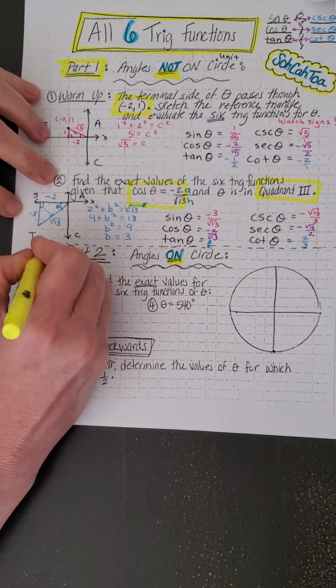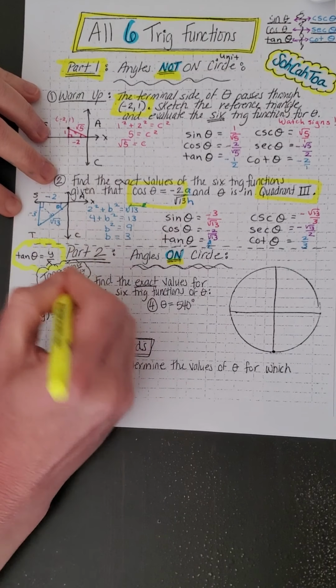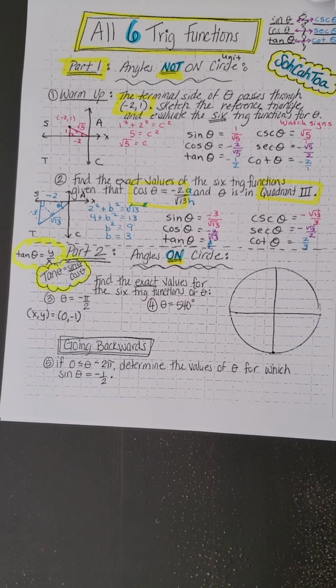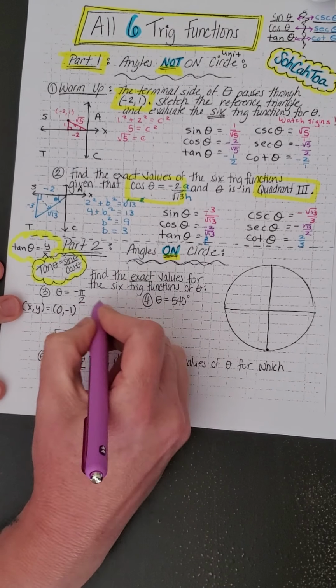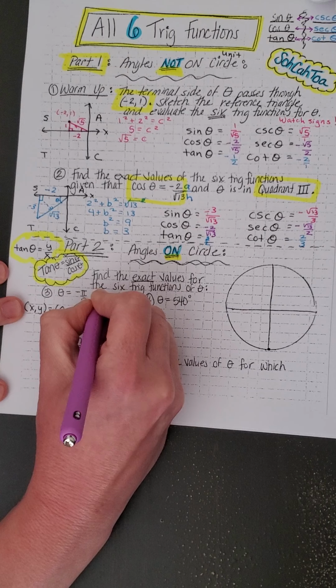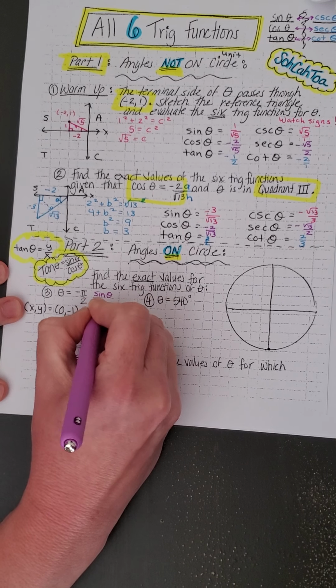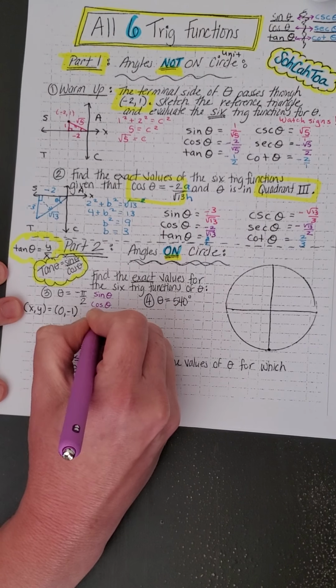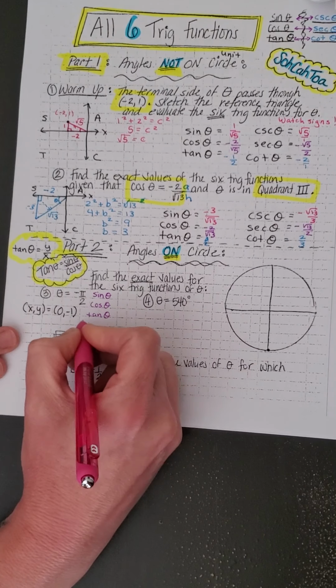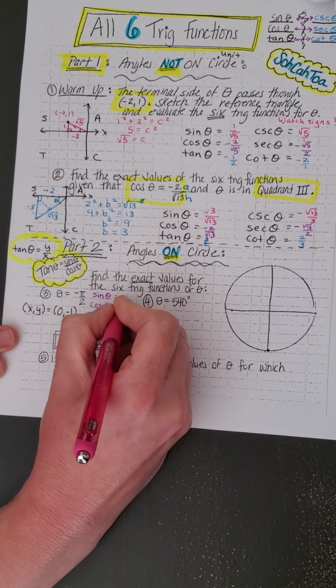So I'm going to actually star this guy and this guy. All right. So sine, cosine, tangent. There's not a ton of room here, so I'm going to try to fill it in as small as I can. Sine theta, cosine theta, tangent theta. So sine is y, y is -1.